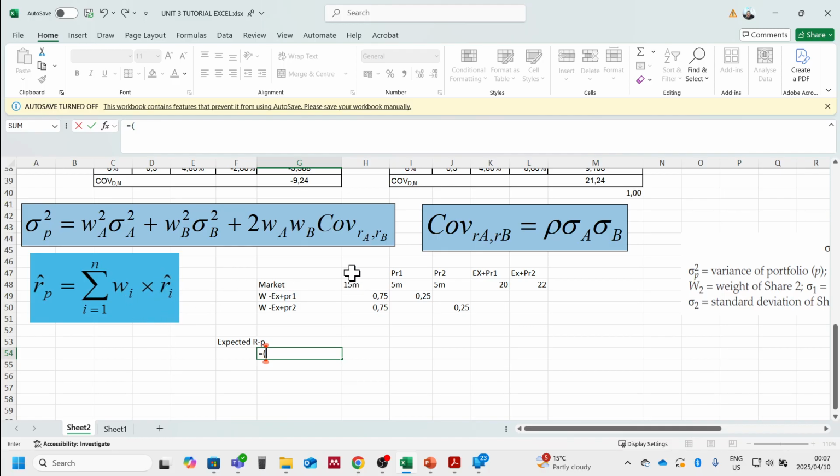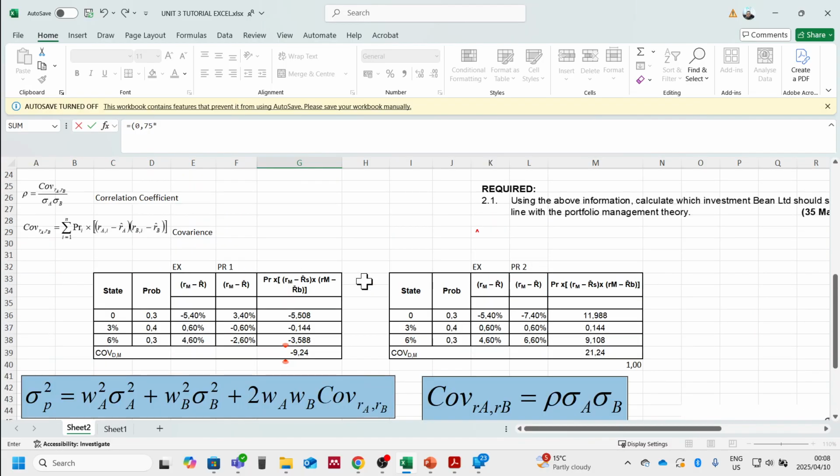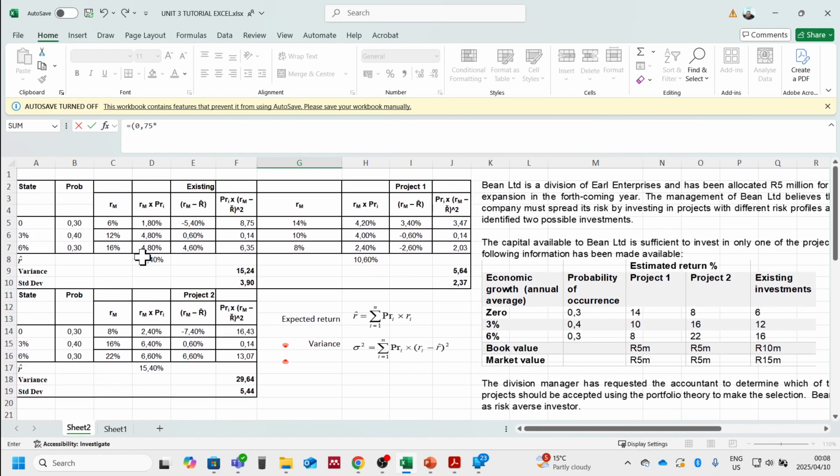So we're going to start with existing and say that the weight of existing is 0.75, which represents 75%, multiplied by the expected return of that asset, which in this case, the expected return of existing, we have calculated to be 11.4%.